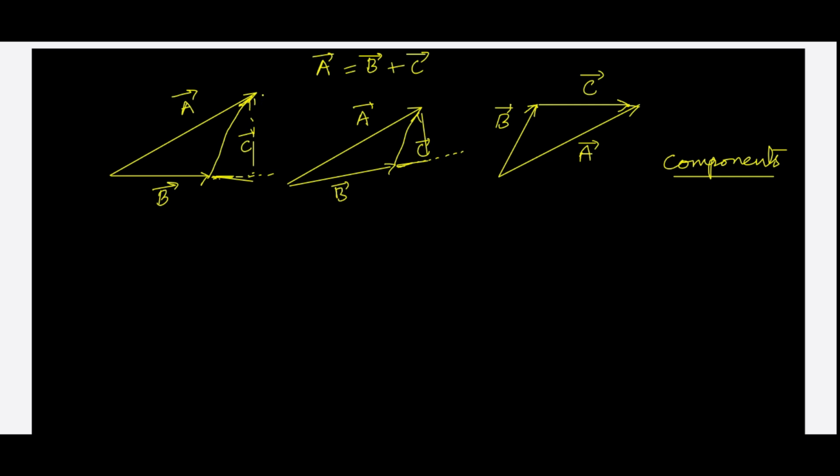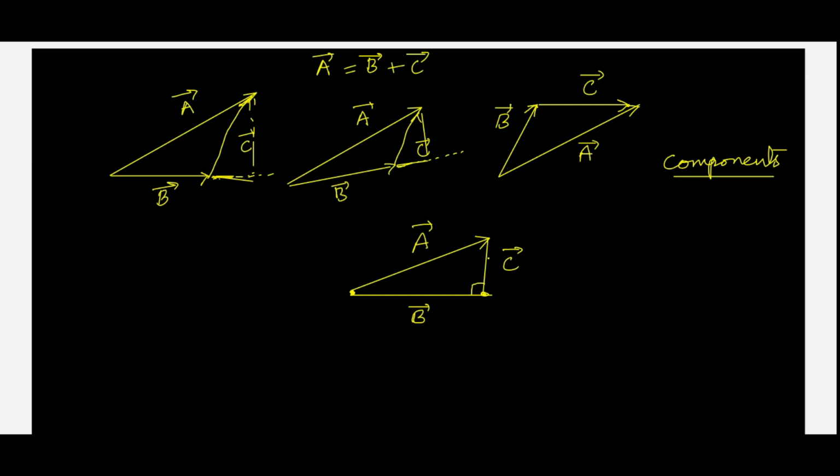So now if you take the vector A and resolve it along the x-axis and along the y-axis, which are perpendicular to each other, then let's say this is A and this is B now, and this is C. Now, B cannot be resolved along C and C cannot be resolved along B. They are mutually perpendicular, right?